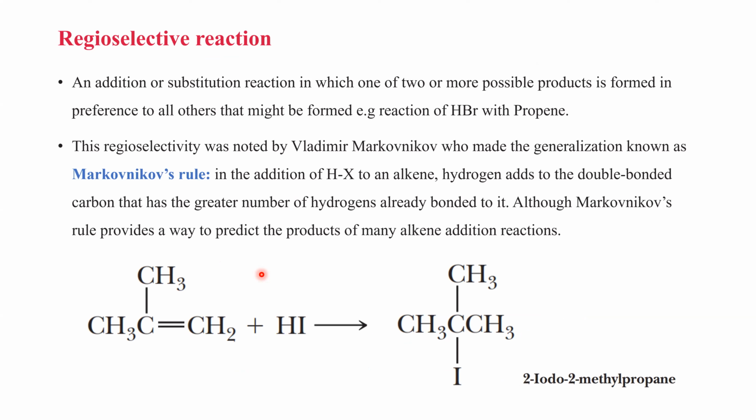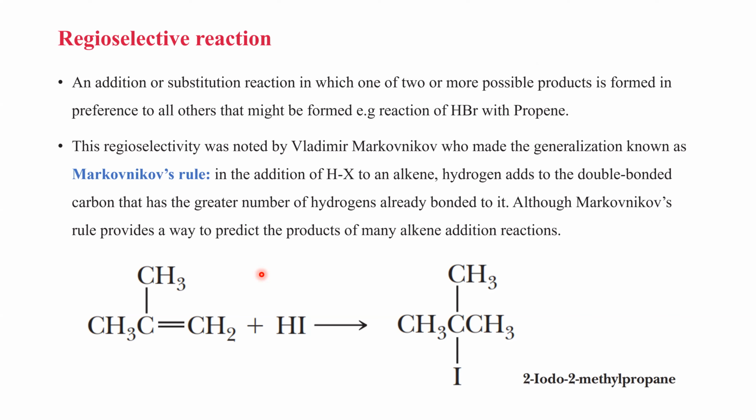So mostly in your exams and when you are doing your research, you have to decide what your preferred product is when you are asked for it. So you should know whether that product is formed through the Markovnikov rule or the anti-Markovnikov rule.